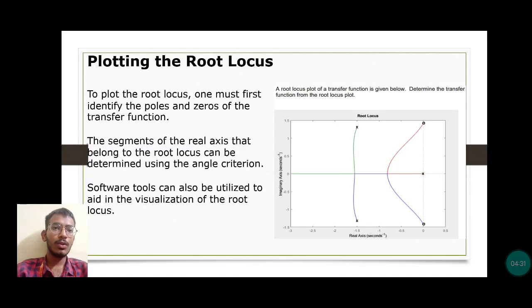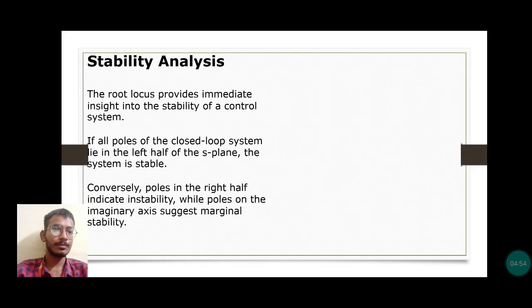To plot the root locus, one must first identify the poles and zeros of the transfer function. The segment of the real axis that belongs to the root locus can be determined using the angle criterion. Software tools can also be utilized to aid the visualization of the root locus.